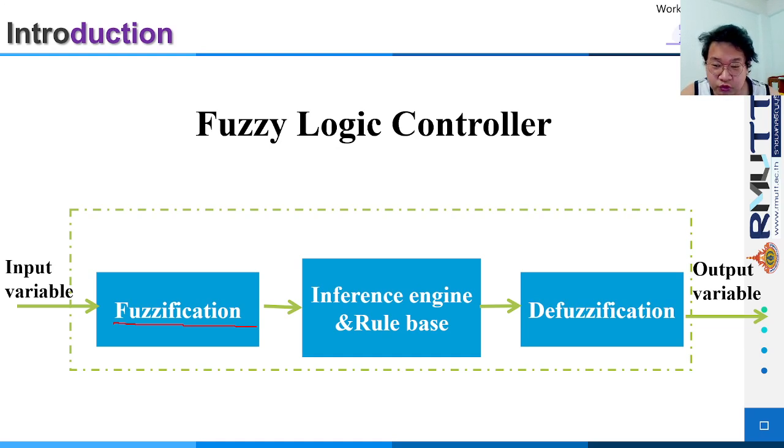And number 2 is rule-based evaluation. The rule base is preset for the controller, with rules presented in the form of if something, then something, such as if the temperature is low and the temperature change rate is negative, then increase the heating power.